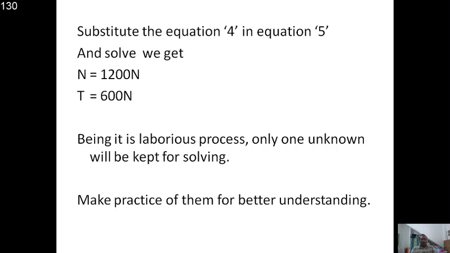Frame yourself small problems with two or three forces at some angles and practice them. You will be more comfortable while solving in the examination hall, with accuracy.